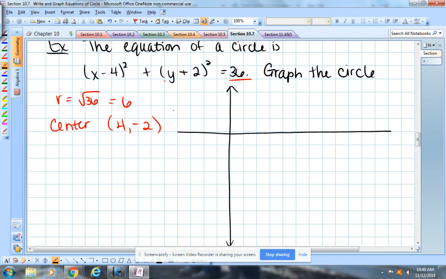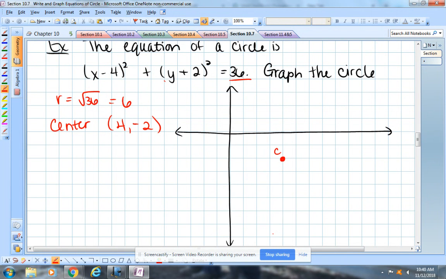So my center goes right 4 and down 2. So graph the point 4, negative 2.